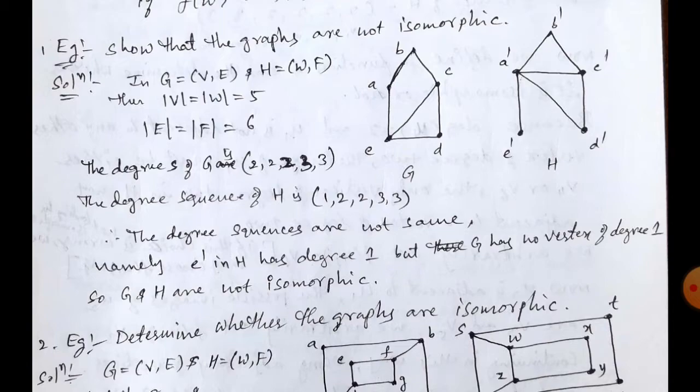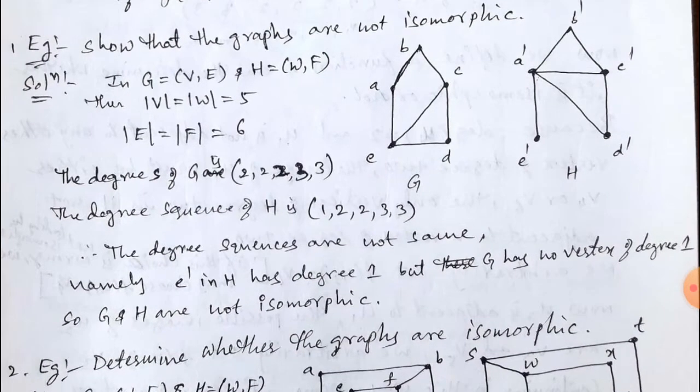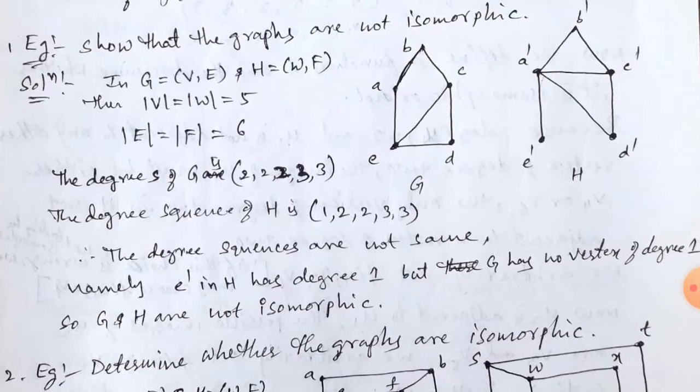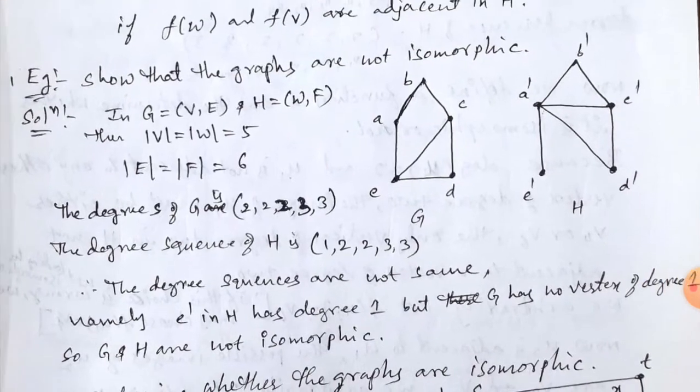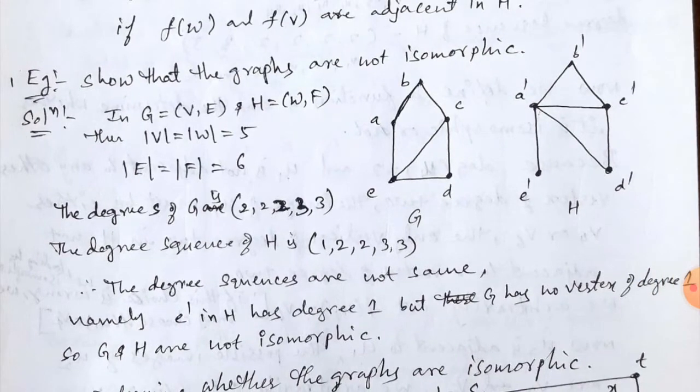It is actually easy to verify that two graphs are not isomorphic, but somewhat difficult to verify that they are isomorphic, because we have to check so many conditions. To show two graphs are not isomorphic, we can check whether the three conditions above are satisfied. If they are not satisfied, we say they are not isomorphic.